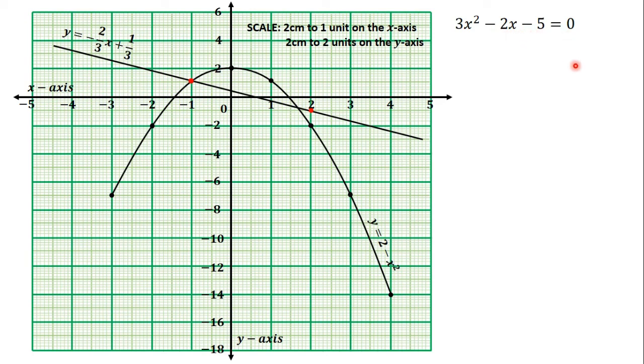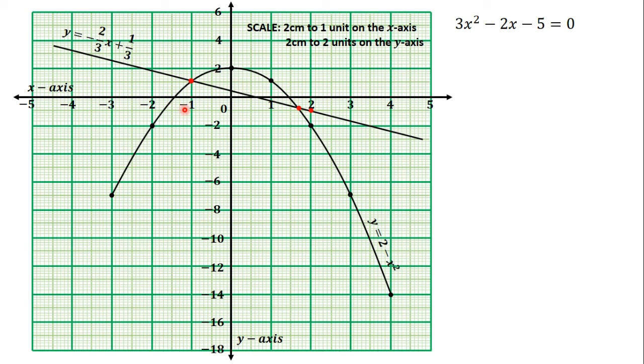We have learned in the previous videos that the solution of this quadratic equation will be the x coordinates of the points of intersection of the quadratic curve and the straight line. On the graph sheet, we can see that the quadratic curve and the straight line intersect at this point and this point. The solution of this equation are the x coordinates of these points of intersection.